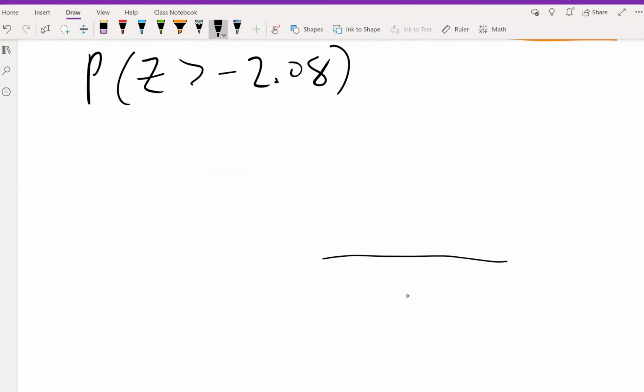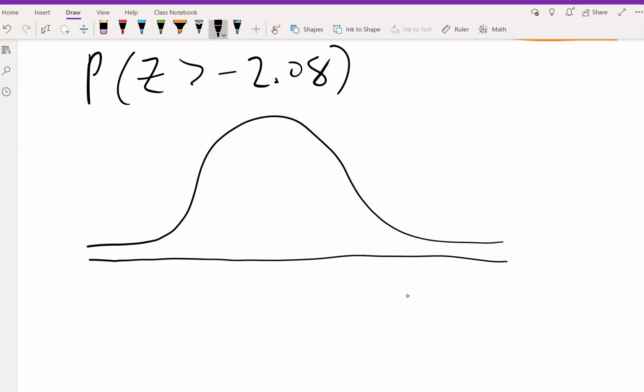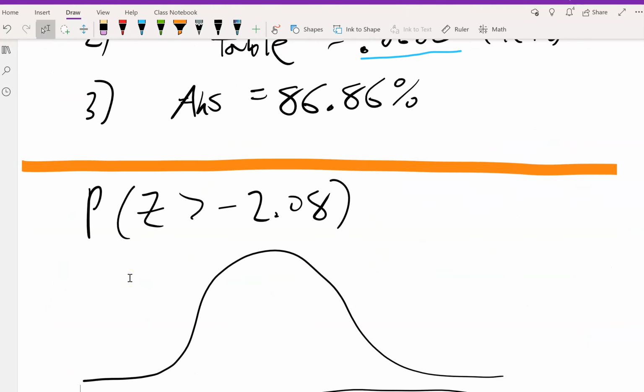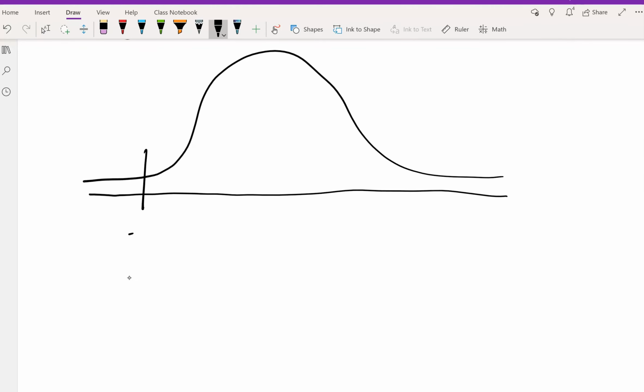First thing I do in my first step, draw a picture. Draw my normal picture. Roughly think about where negative 2.08 is. How do you know? You go back to your master picture and think about negative 2.08 is slightly to the left of this green bar. Okay, so negative 2.08 is pretty far out there. Got it.